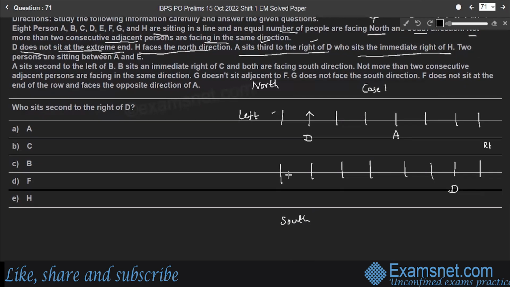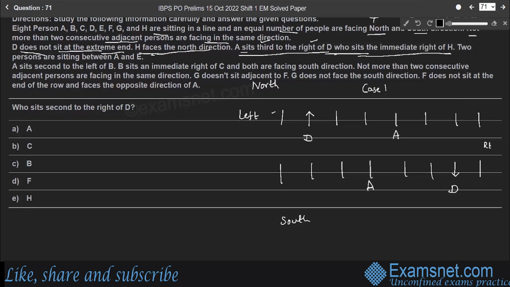Consider the second case. Here it is given that H faces the north direction and A sits third to the right of D. So to the right of D, the third person is A, therefore A is sitting here in case 2. And where exactly is H sitting?